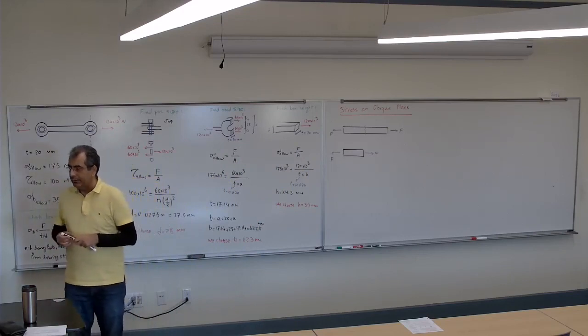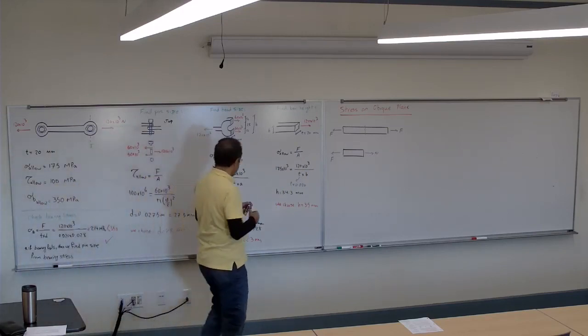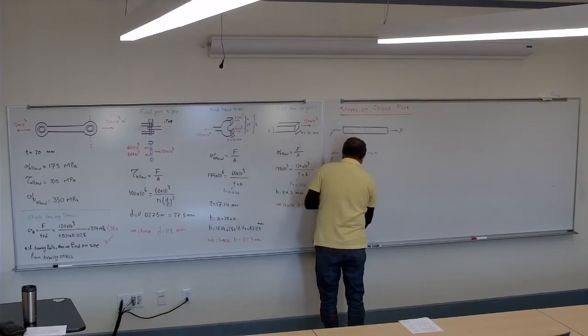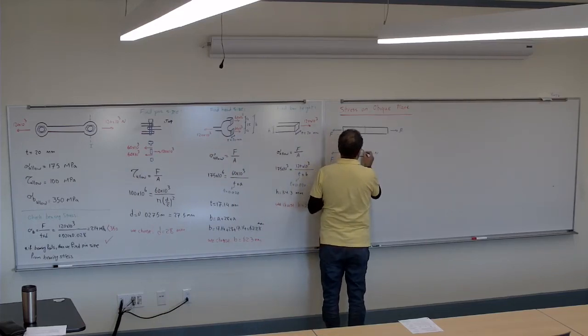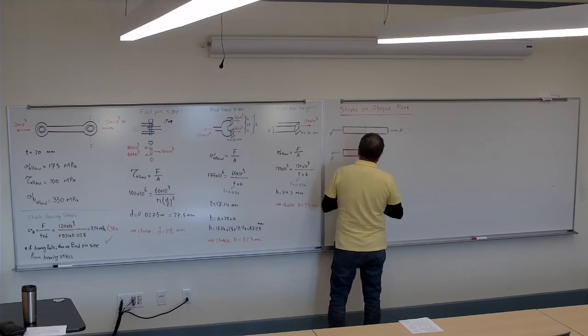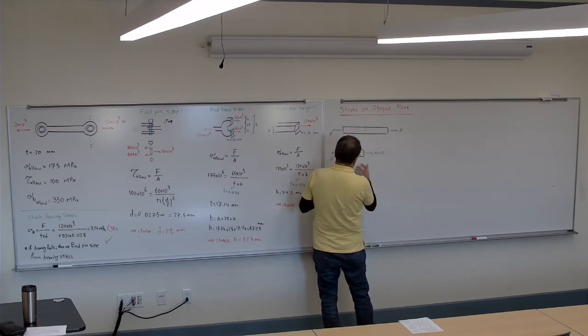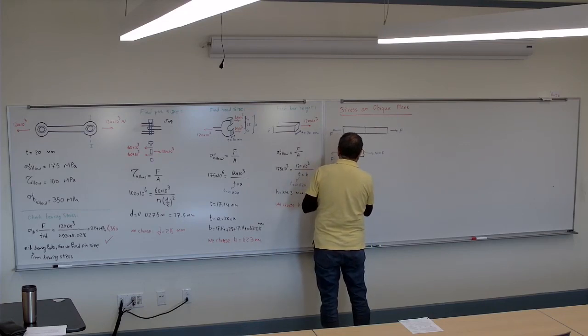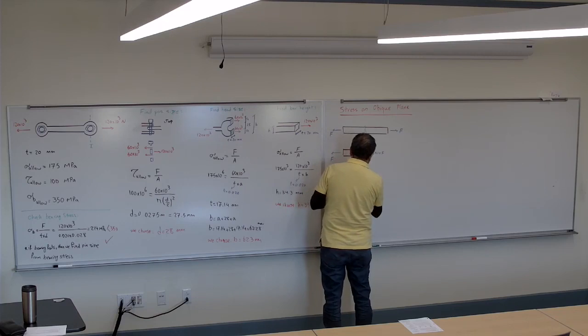And then I can say, I cut it there. And then I can say, okay, how is that force distributed over there? I want the distribution of that force rather than its magnitude.